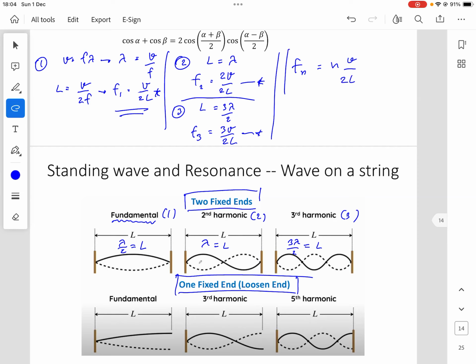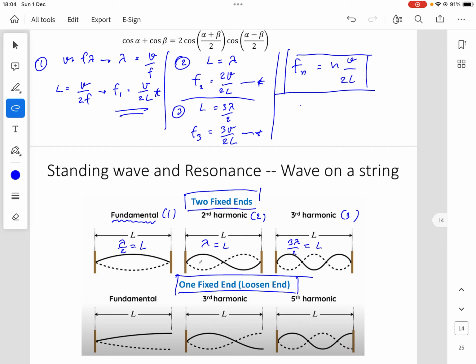And this is for the two fixed end case. You can see that n can be any positive integer, starting from 1, 2, 3, 4, 5, and so on.